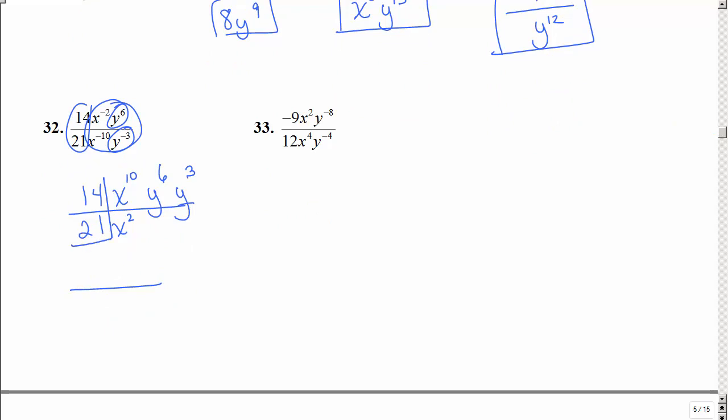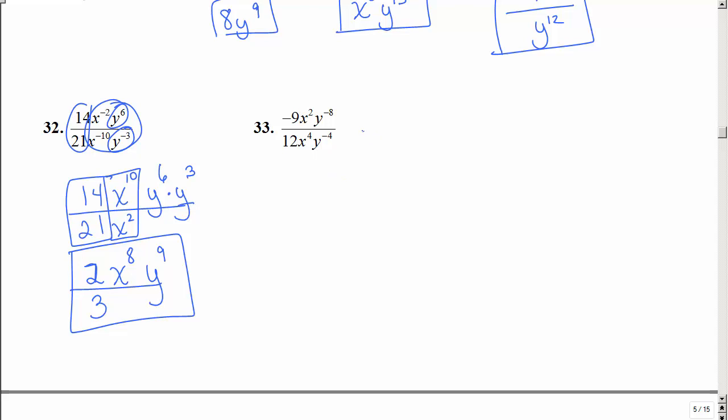Now I can reduce that by 7. So let's see, 7 goes into 14 2 times, 7 goes into 21 3. That's being divided, so keep the base, subtract the exponent. That's being multiplied, so keep the base and add the exponent.